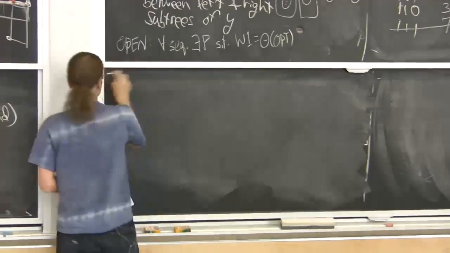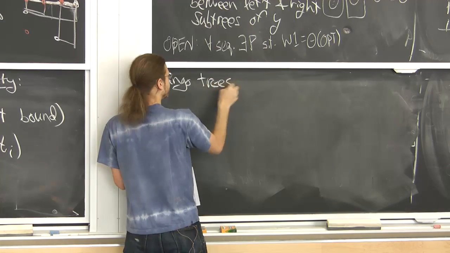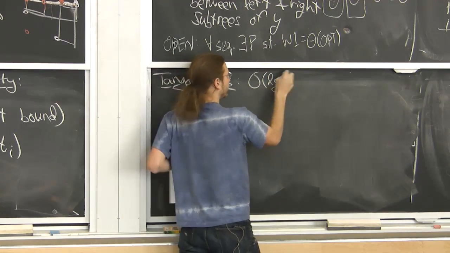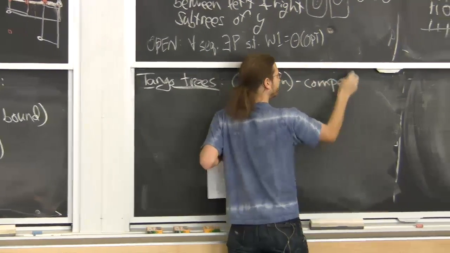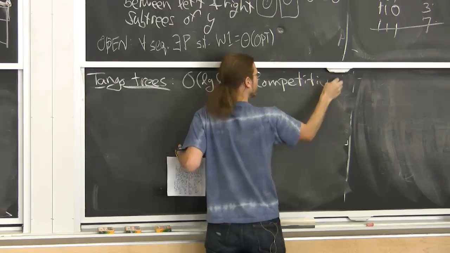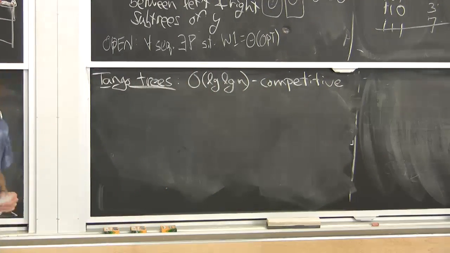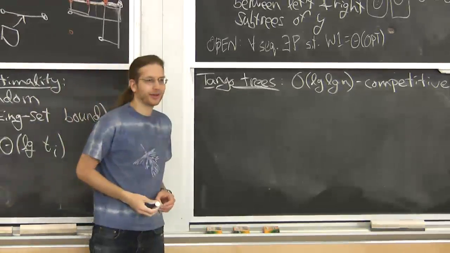And this is Tango trees. They would be log n competitive, online, binary search trees. Why are they called Tango trees? People made up all sorts of reasons, but I can tell you, because I was there.